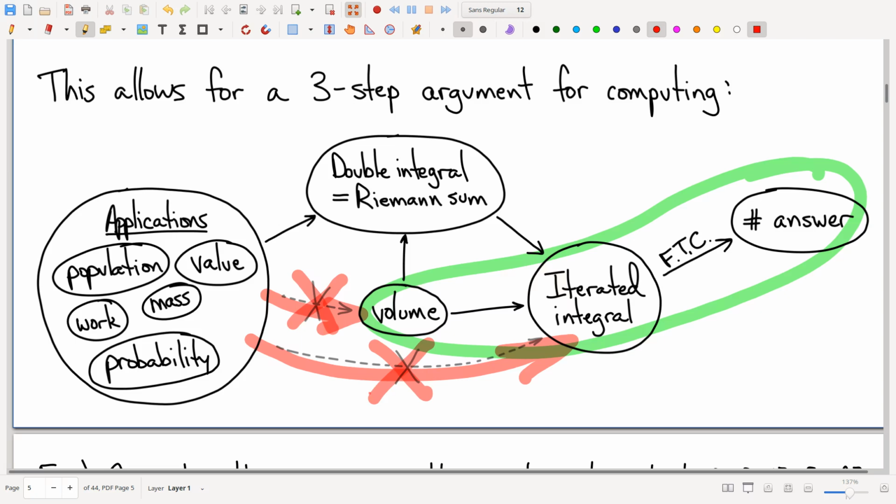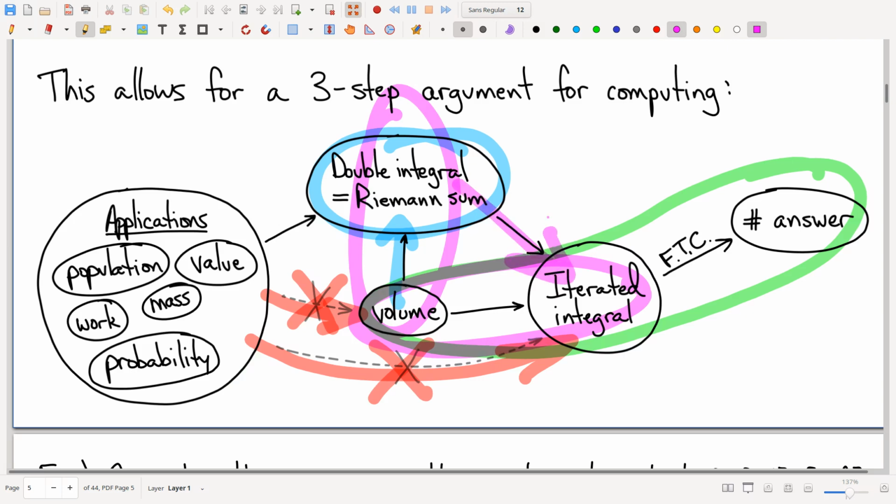This iterated integral is a tool for computing volume only. That's it. Very limited. Then we defined this thing called double integrals. I argued that you can compute volume with double integrals, and then I say, well, what I did just moments ago is that if that's equal to that, and if that's equal to that, then it follows that that can be computed with that. Okay, so we made that argument. So this is where our diagram stands at the moment.